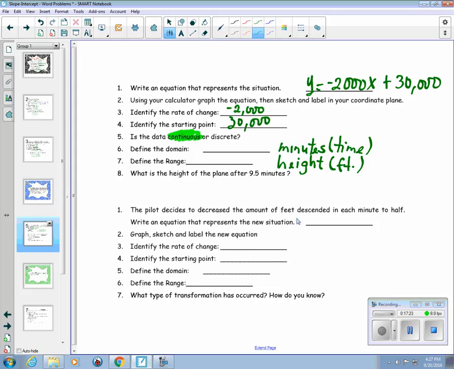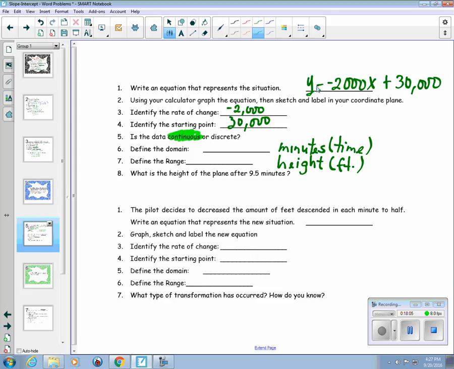Very good. So, are you looking for your x or your y intercept over here? What are you looking for? X intercept or y intercept? To figure out what's the maximum time that this plane has. I'm looking for the x-intercept. Very good.